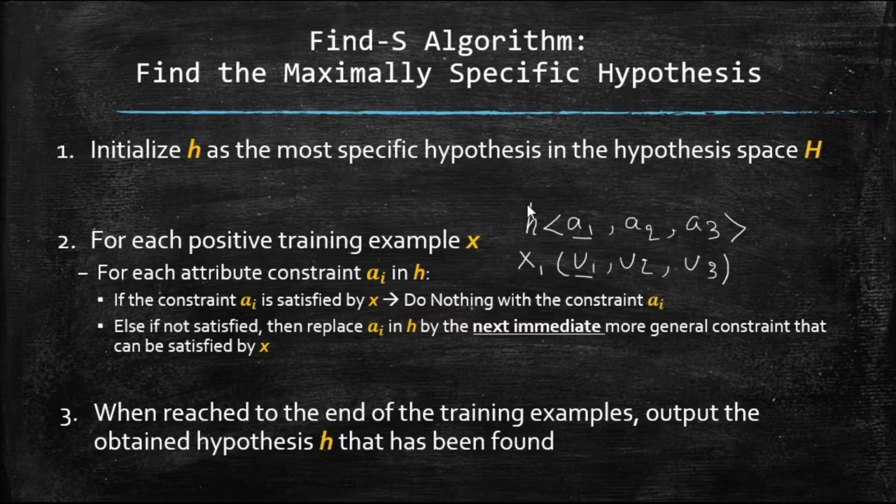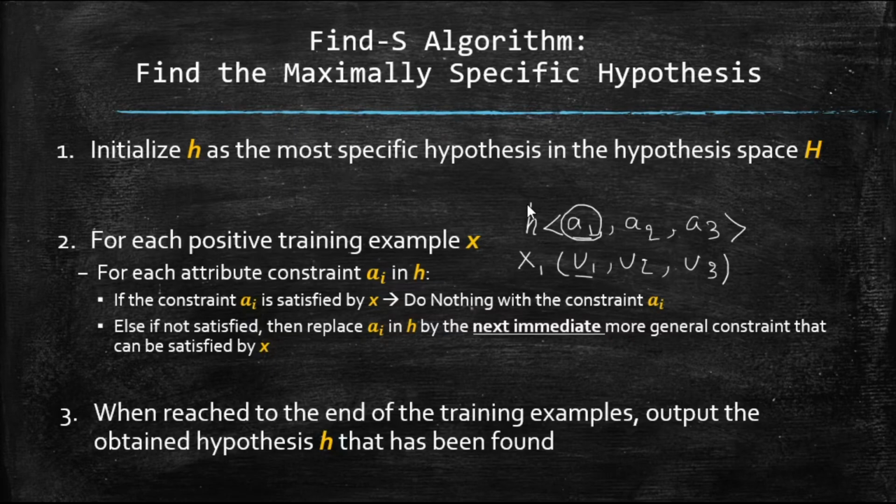If V sub 1 satisfies that constraint, then we basically do nothing with A sub 1. We do not touch this. We say, okay, you're good. We're not going to change you. We don't need to generalize you. Stay as specific as you are.